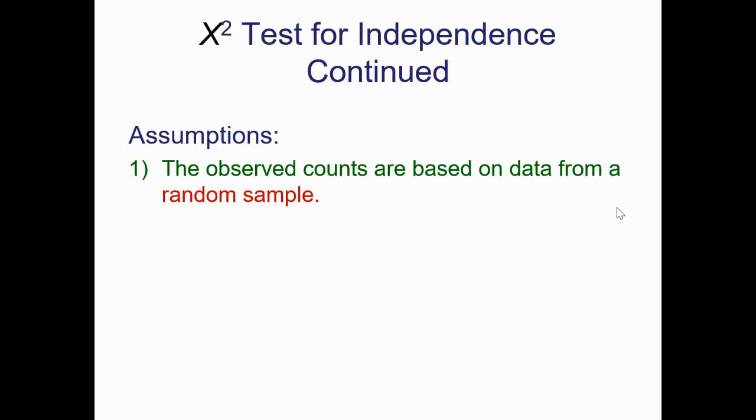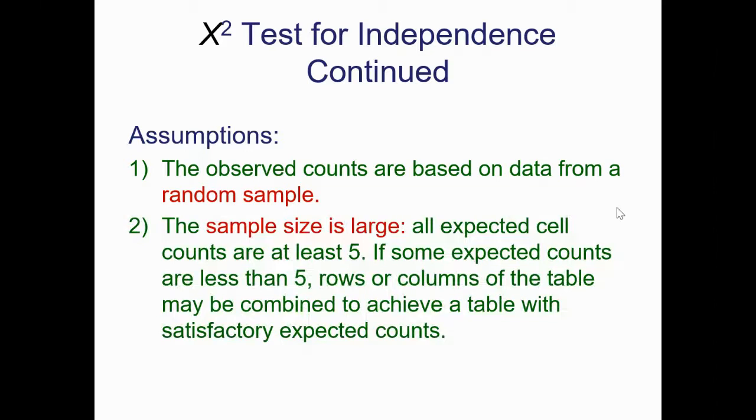And then the second assumption is that all expected cell counts have to be at least 5. If counts are less than 5, then we're going to have to either combine rows or columns until we get the counts up.